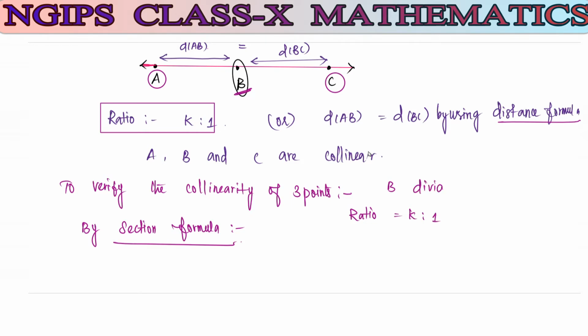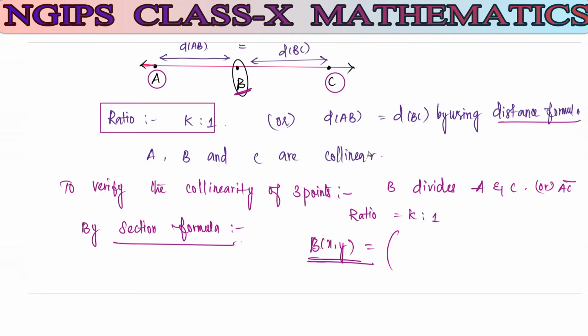B divides the line AC. Then we find the coordinates of B by using the section formula, and then compare it with the actual coordinates of B.